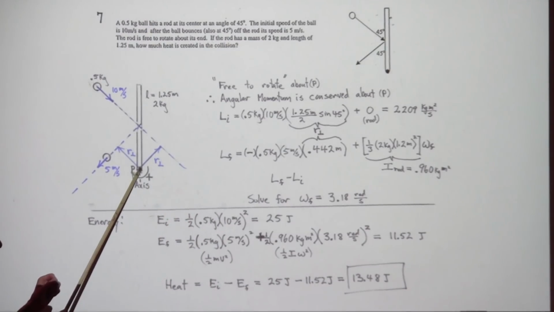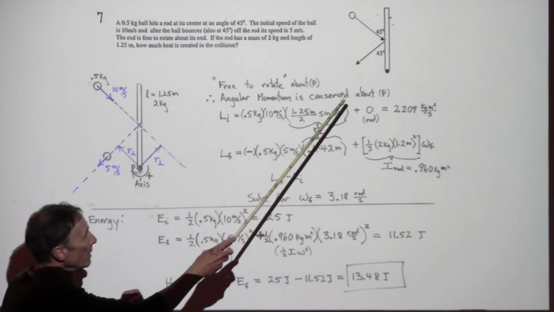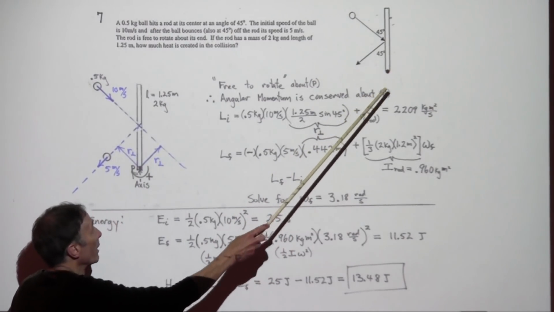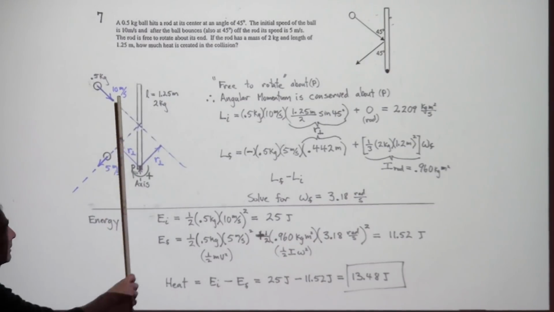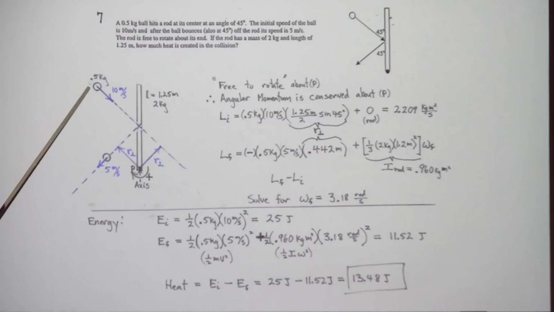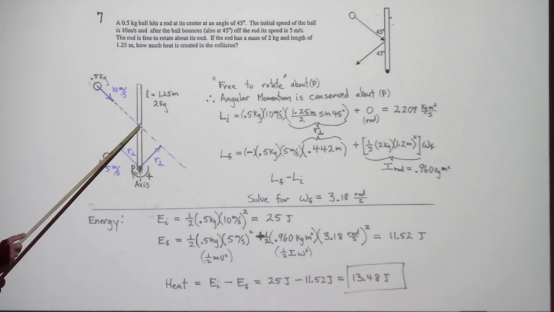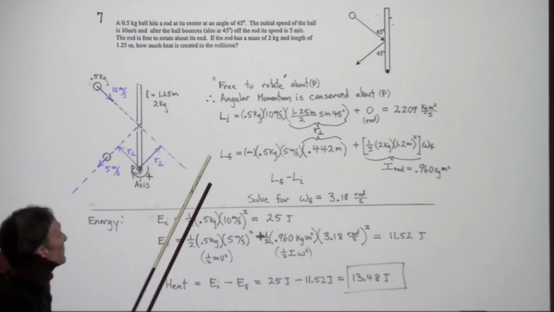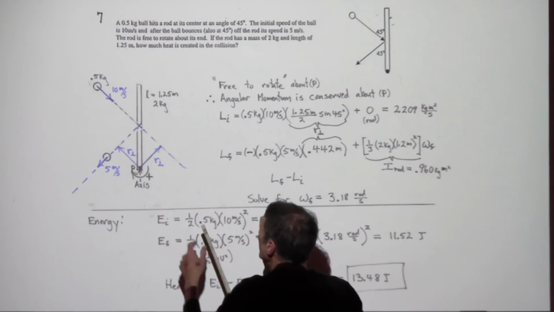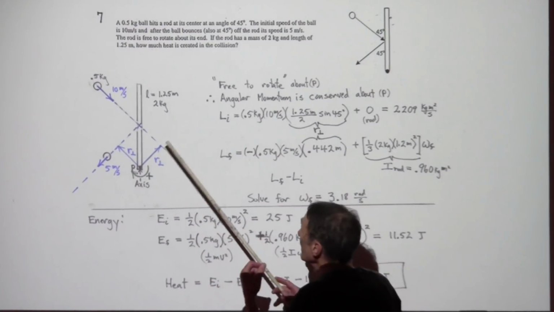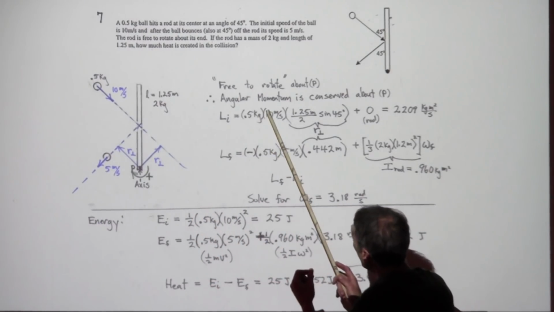Ultimately, we're going to rotate around this point, and so we want to get the angular momentum around that point. So initially, that rod is at rest, but the ball is coming in here at 10 meters per second. It's going to strike the middle, and then it's going to bounce off. Since there's no external torques, we can use the idea of conservation of angular momentum.